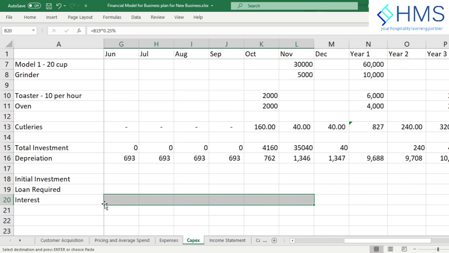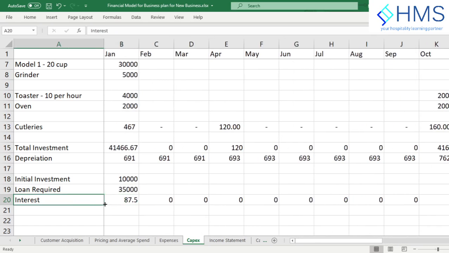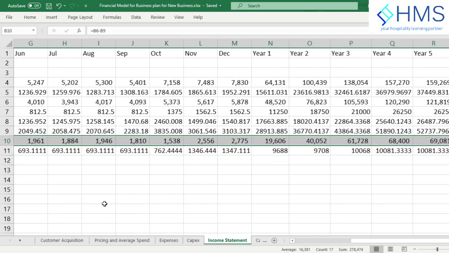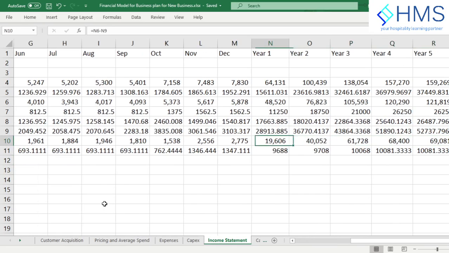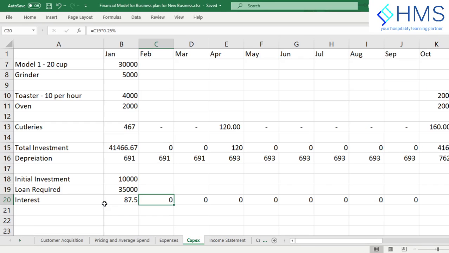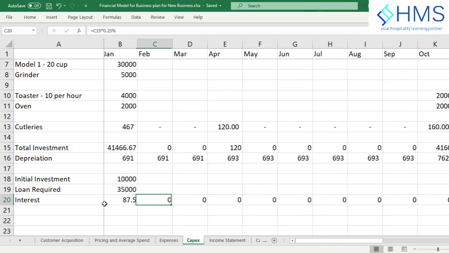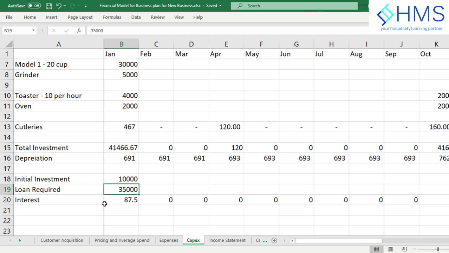The question is, do you need any further money here? You can say that my cash flow has been generating. So my total income, my EBITDA has been about 19,000 in year one, which is not enough to cover the investments here. So let's take the loan first. So how much loan do we need?